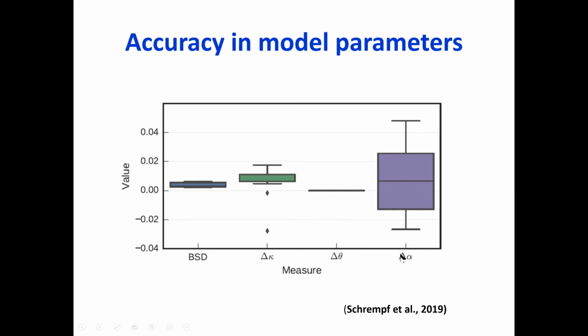And alpha, that would be the alpha of the rate heterogeneity, the gamma distribution. That one is not as good, but you can see the relative error is not going much over 5%. So it's actually still a pretty good estimate for this parameter as well in the simulations.